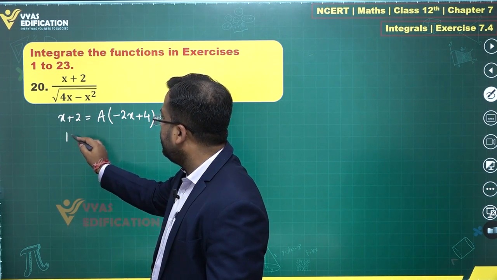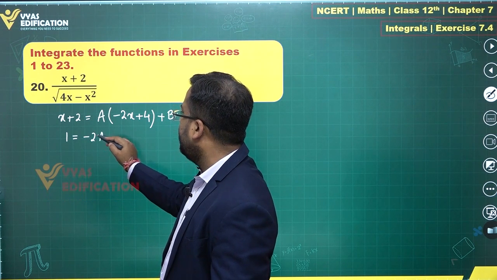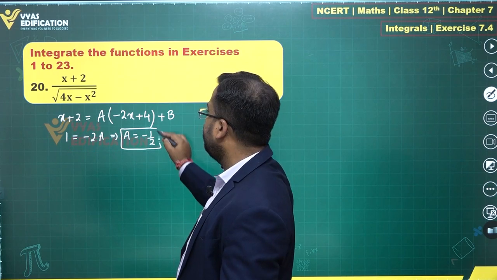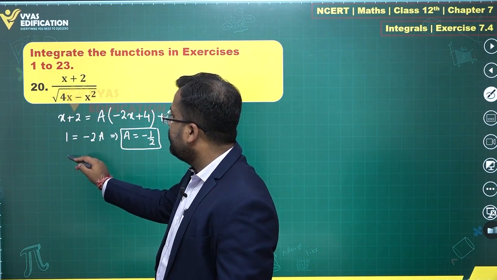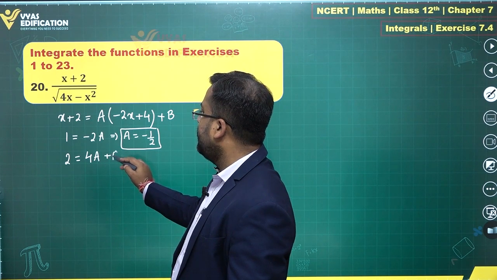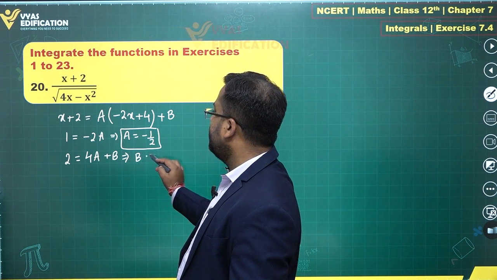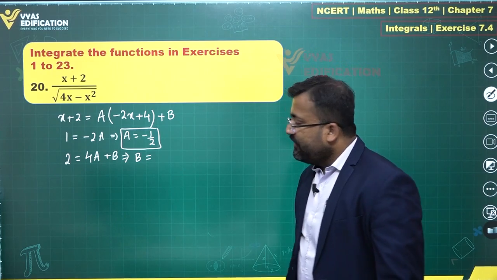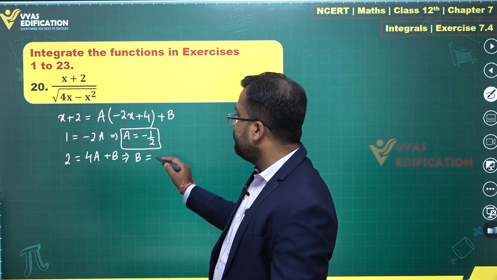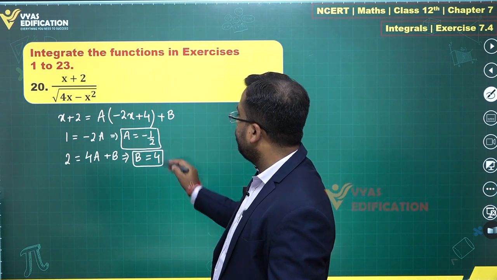Comparing 1 is equal to minus 2a, that tells me a will be equal to minus 1 by 2. Comparing the coefficient of x and comparing the constant term, 2 is equal to 4a plus b. What does that give me? B is equal to 4a will be 4 into minus 1 by 2, which is minus 2. That goes over there, becomes 4. B is equal to 4.